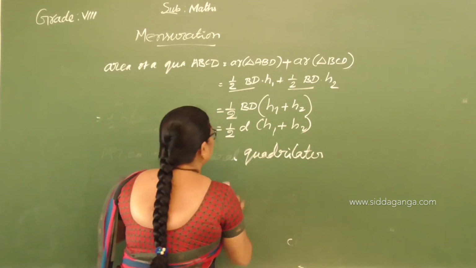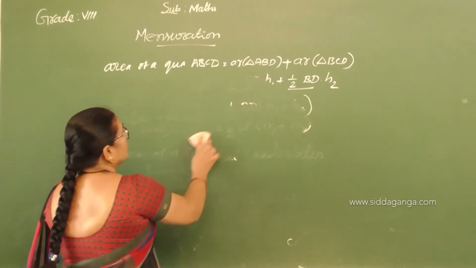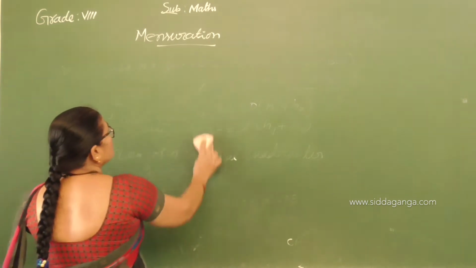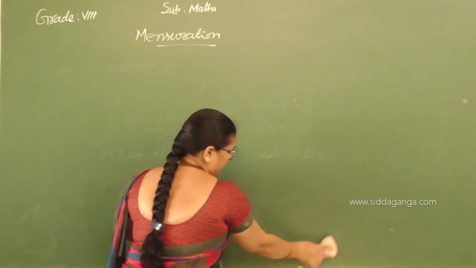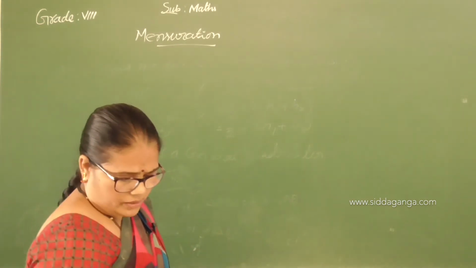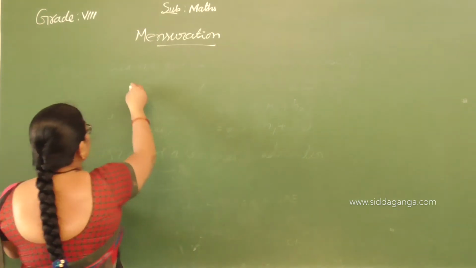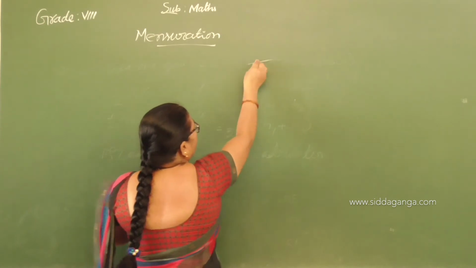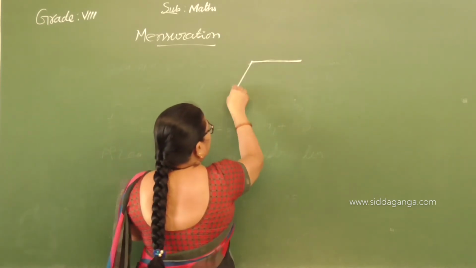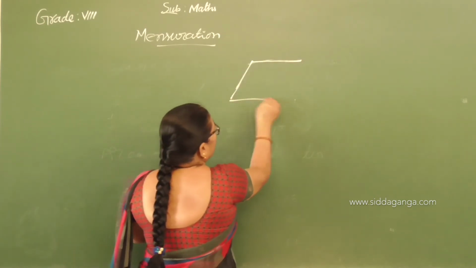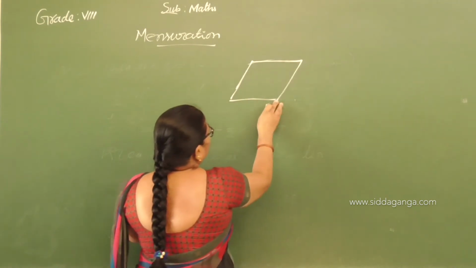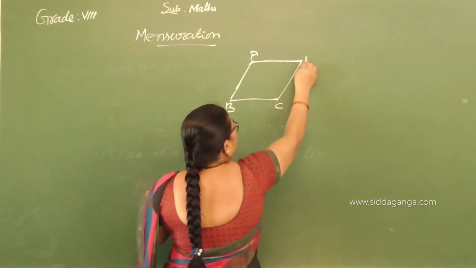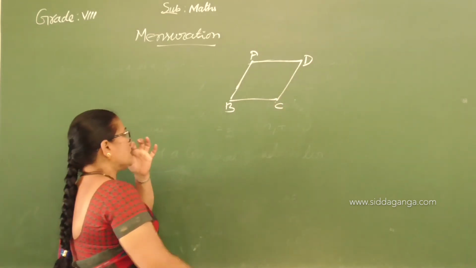Next I can take the area of the rhombus. In a rhombus all sides are equal. Let me take the rhombus ABCD.